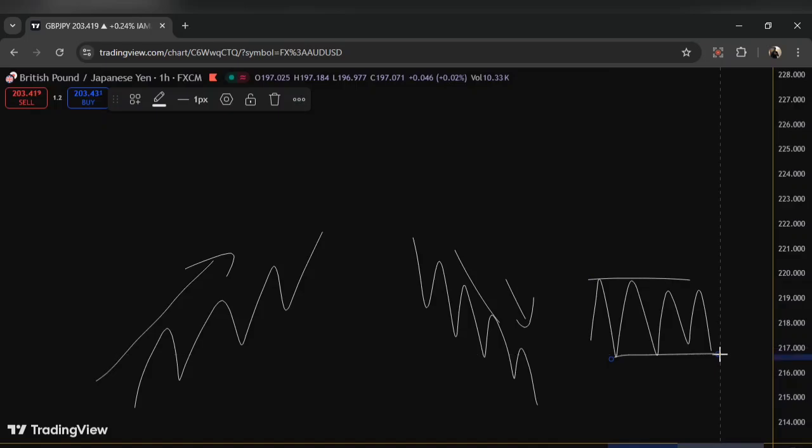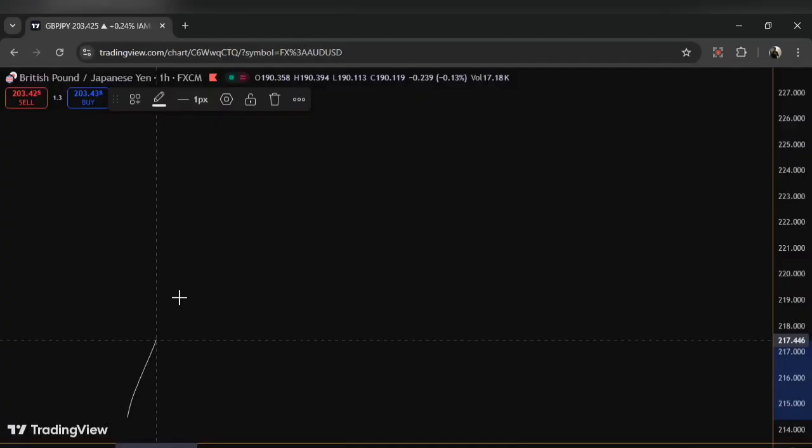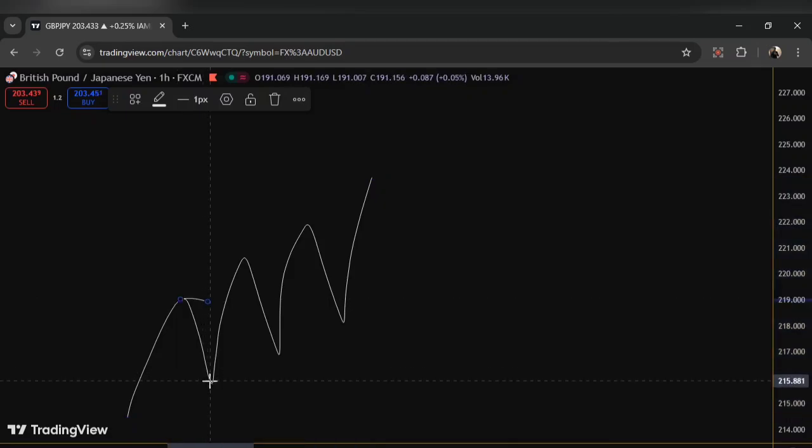And in this market we also have a specific way that price moves. In an uptrend, price creates an impulsive move and a correction move, an impulsive move, a correction move, and an impulsive move again. In an uptrend, what do you want to see the market doing? Creating a high and a low.